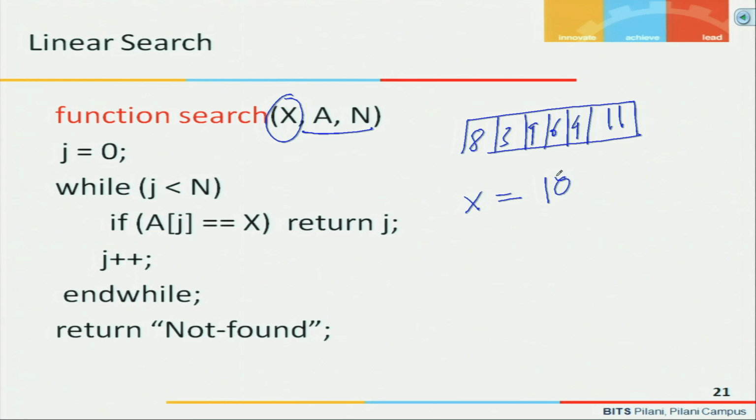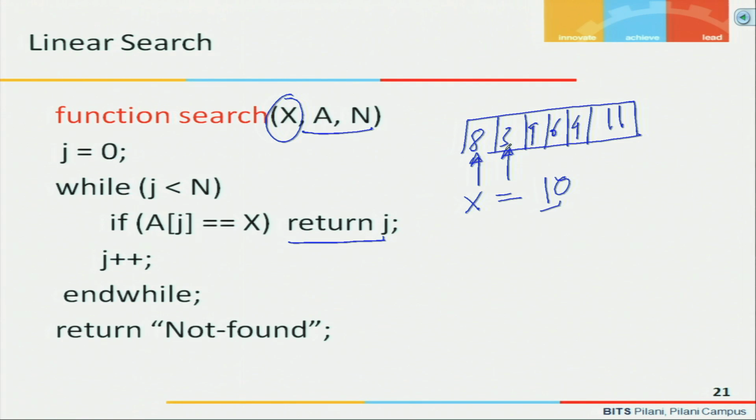In this case, we start with the first element and compare it with 10. If it is yes, we just return the index. If not, we update the counter and keep on doing this.